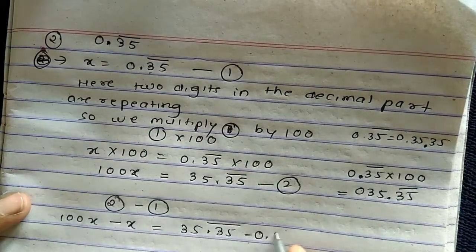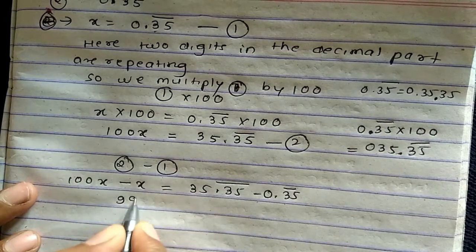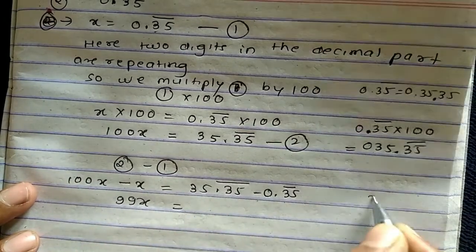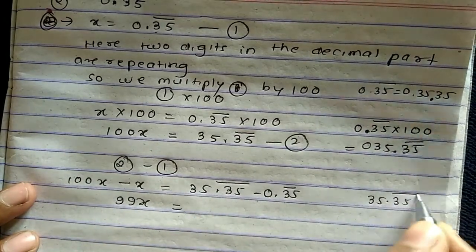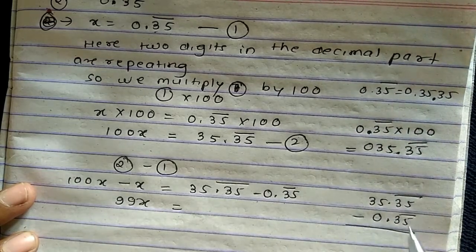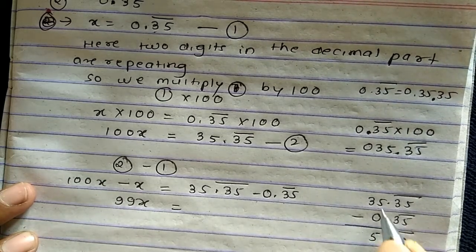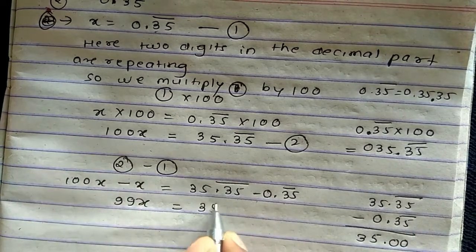So 100x minus x is 99x equals 35.35 bar minus 0.35 bar. Subtract: 5 minus 5 is 0, 3 minus 3 is 0, the decimal point as it is, 5 minus 0 is 5, 3 as it is. So you got here 35.